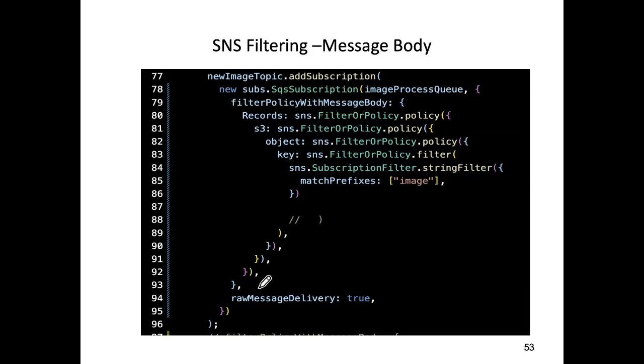Just in passing now, this is nothing to do with filtering, but I would strongly recommend that you always set this property to true. What this is related to is the SNS envelope. If you remember, I was talking about how SNS can wrap a message inside an SNS envelope, and that adds more to what eventually arrives at your Lambda function.